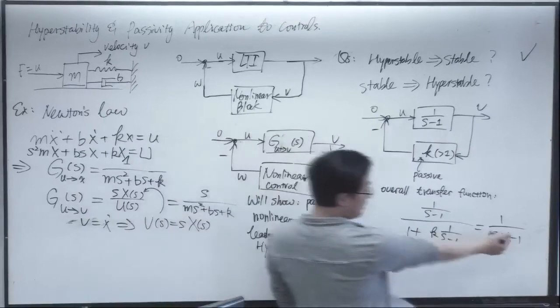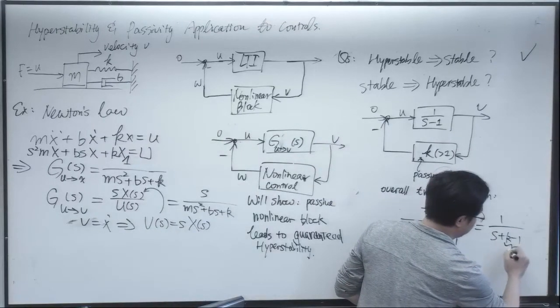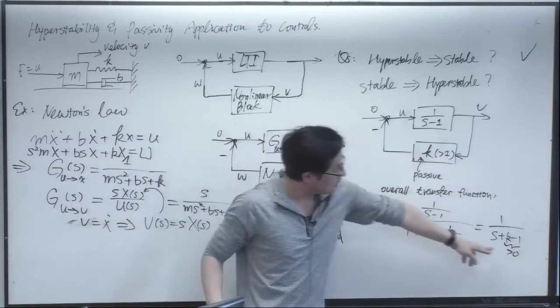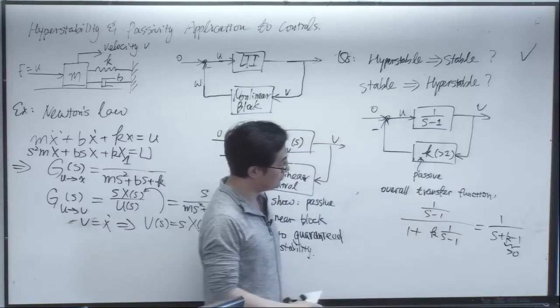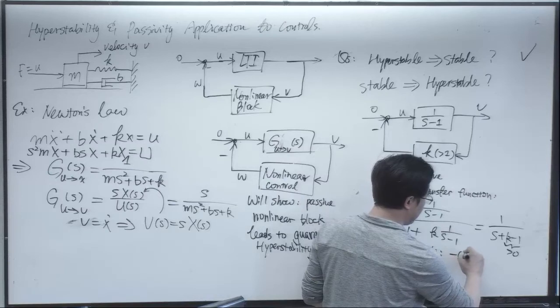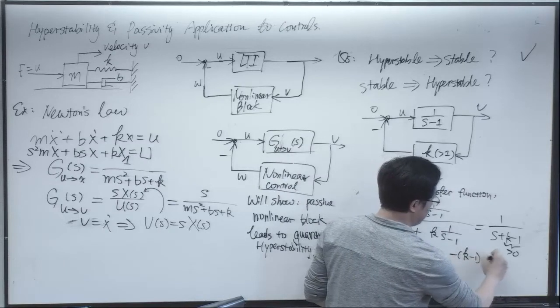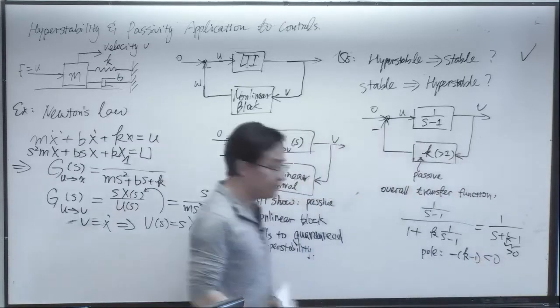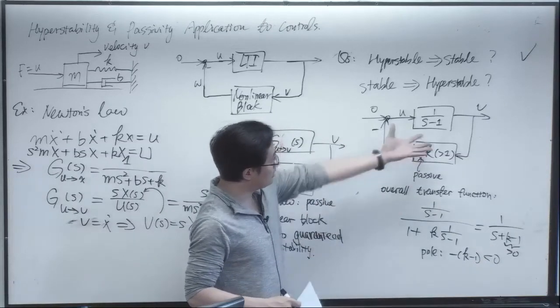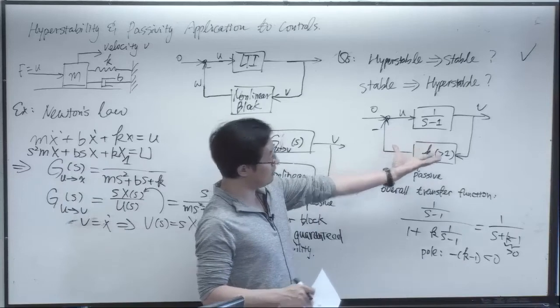Because k is larger than 1, k minus 1 is positive. So its pole is at negative k minus 1, which is in the left half plane. So the closed loop is stable, right?